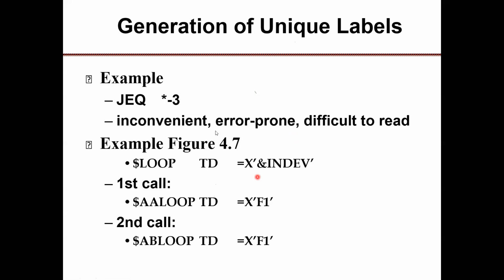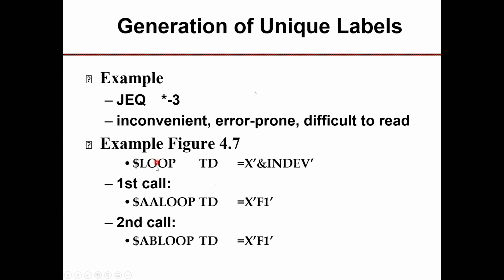So we could do that. The problem is sometimes these get difficult to read, and we want to have better ways of writing our symbols so that they are much easier to see.